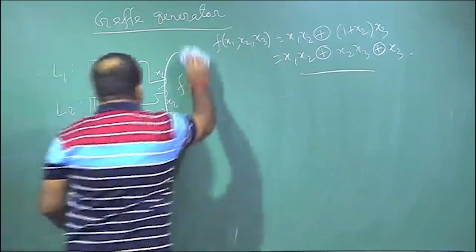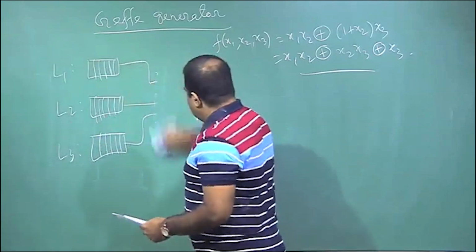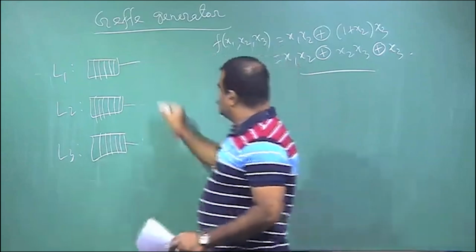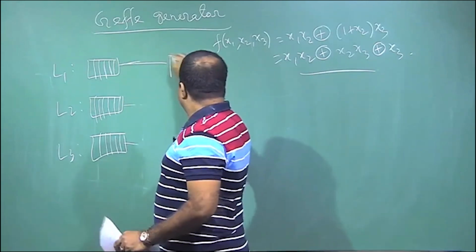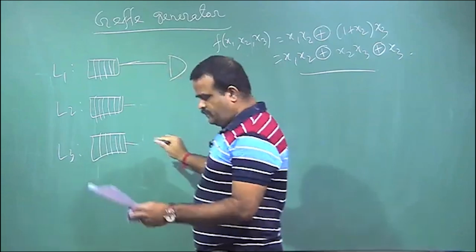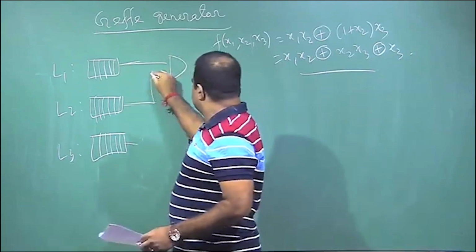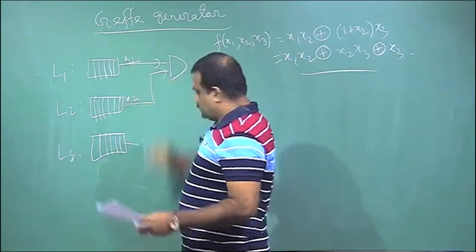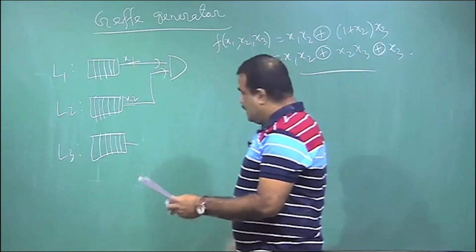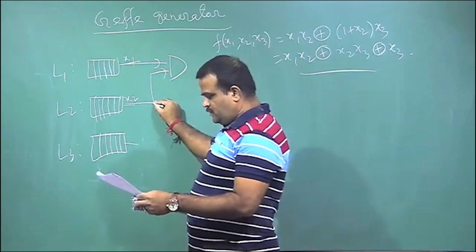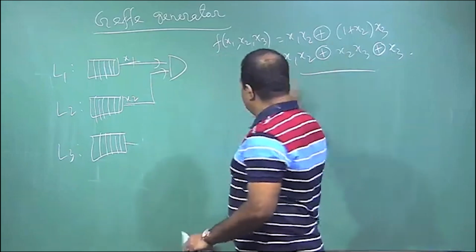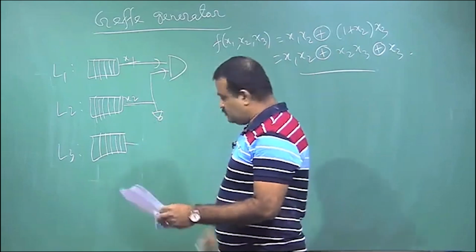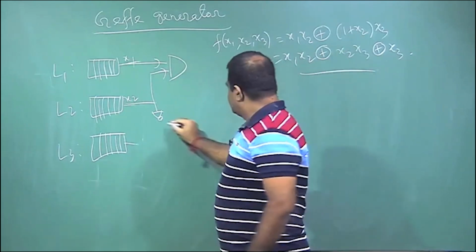So, we can draw this in a logical way. This is x1, and x1 is ANDing with x2. Then x2 also has a negation, and we are ANDing that with x3.